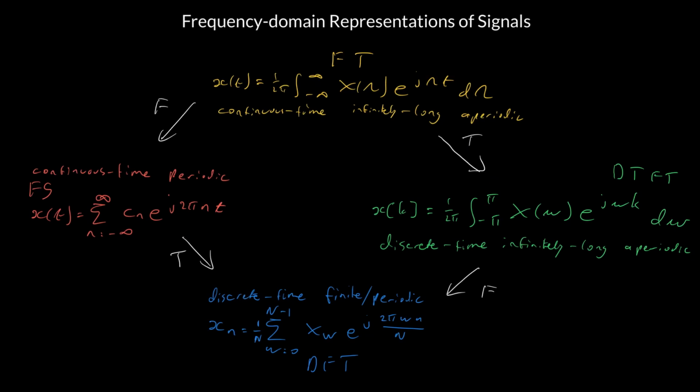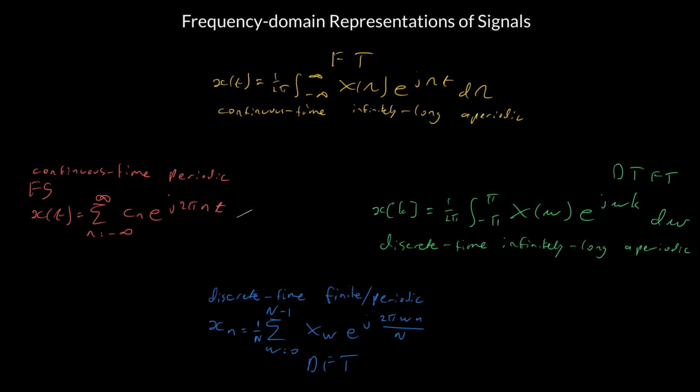On the other hand, when we go from the Fourier transform to the Fourier series, we are going from an aperiodic signal to a periodic signal. That corresponds to sampling in the frequency domain. And similarly, when we go from the DTFT to the DFT, we're essentially going from an aperiodic signal to a periodic signal, and that again is sampling in the frequency domain. So the cross diagonals, these two are sampling in the frequency domain, these two are sampling in the time domain.